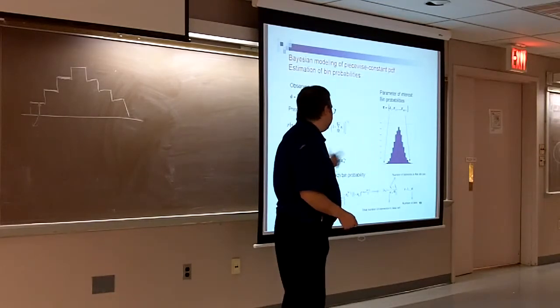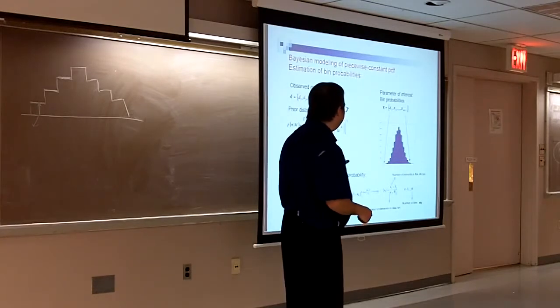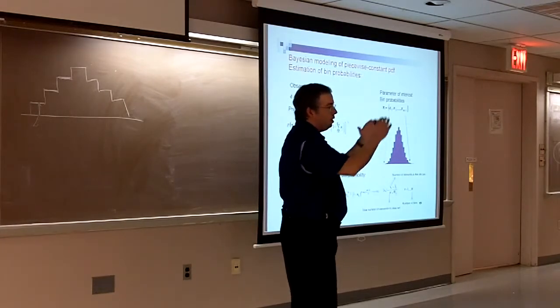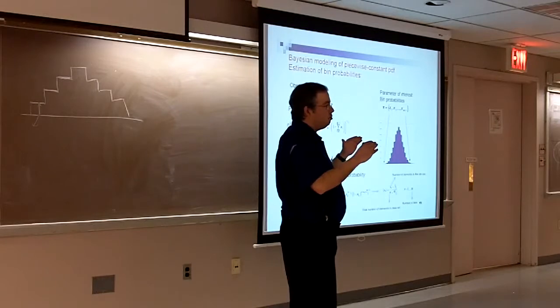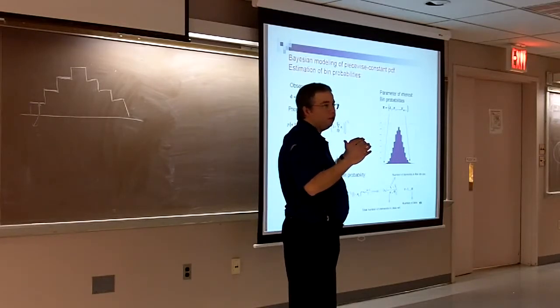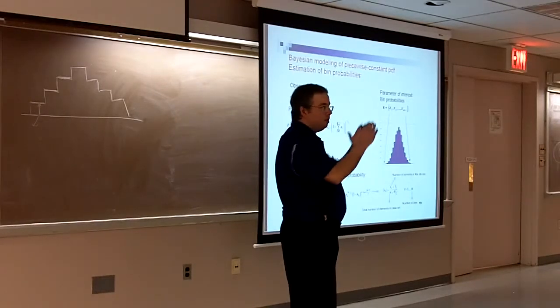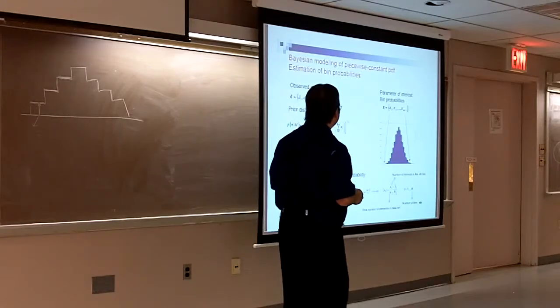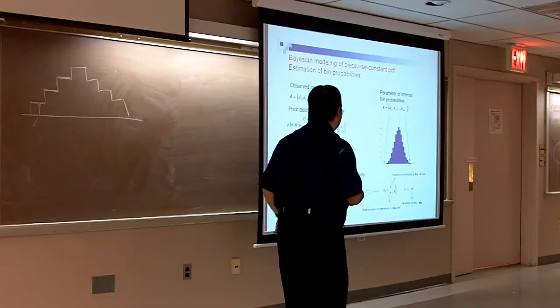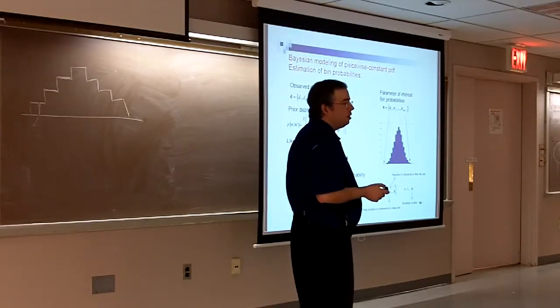This way we smooth the histogram somehow. That's why it's more accurate than using regular frequentist histograms. That's why we use this Bayesian approach. Is this clear somehow?